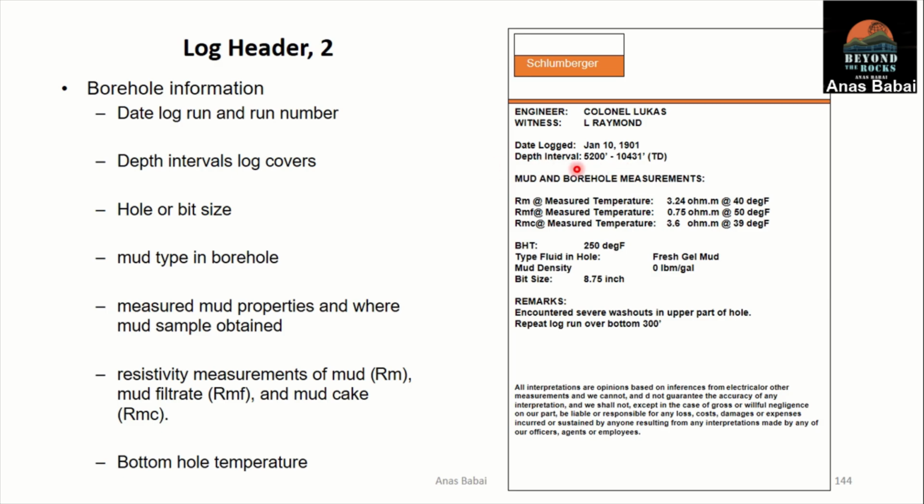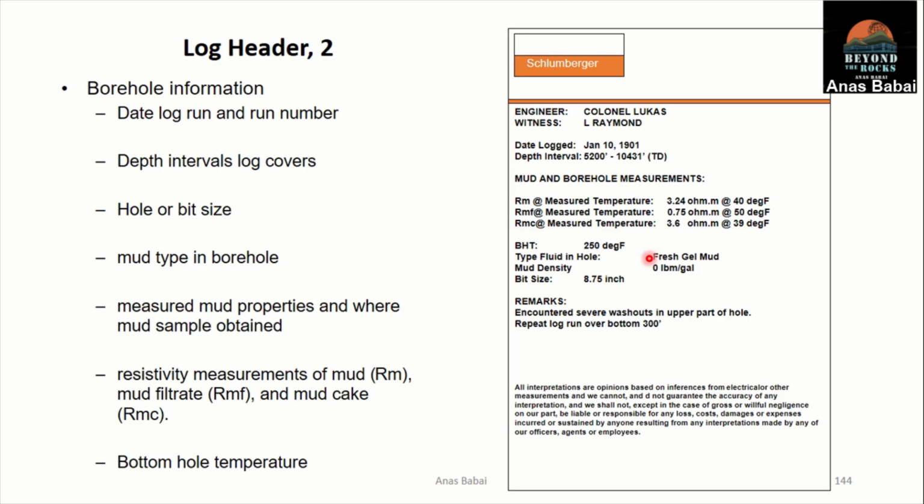We have said that normally the logging job is not carried out through the entire borehole interval. It will only be along specific zones, so those zones have to be mentioned in the log header.